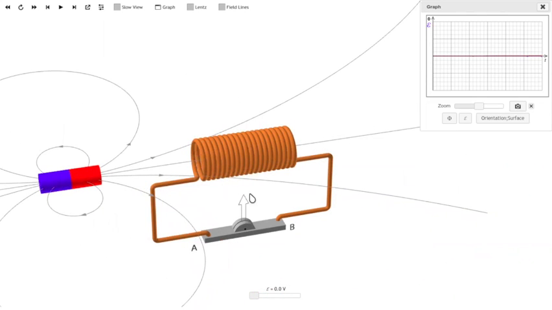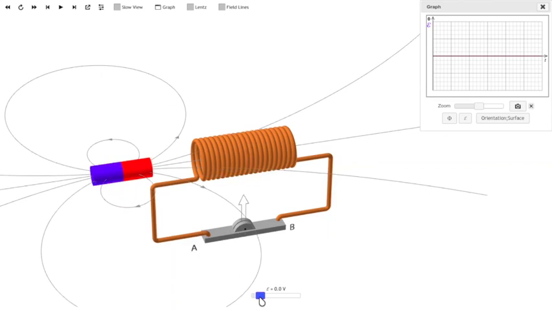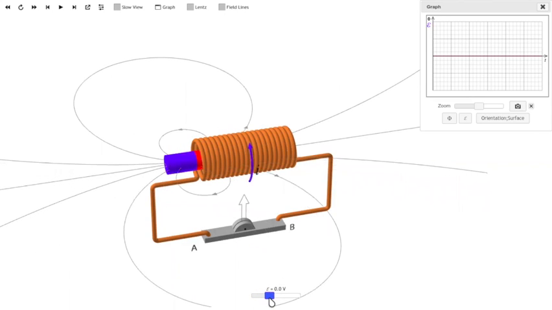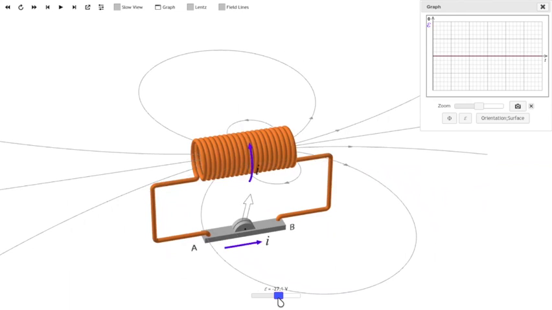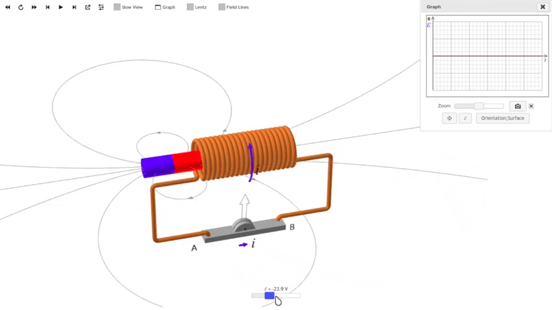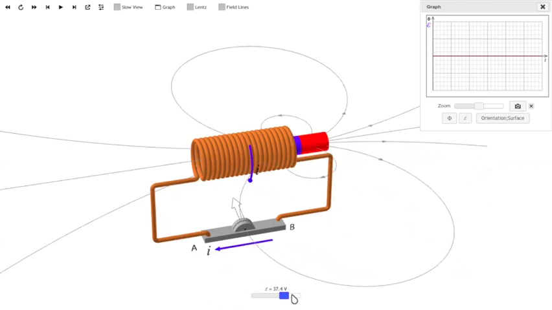Now this needle is deflecting, which means there is voltage. You can see here also, E means voltage, right? Yes, sir. Look at this. Now it is 0, right? Now slowly I move the magnet and you can see, whenever that magnet moves, there is a current.